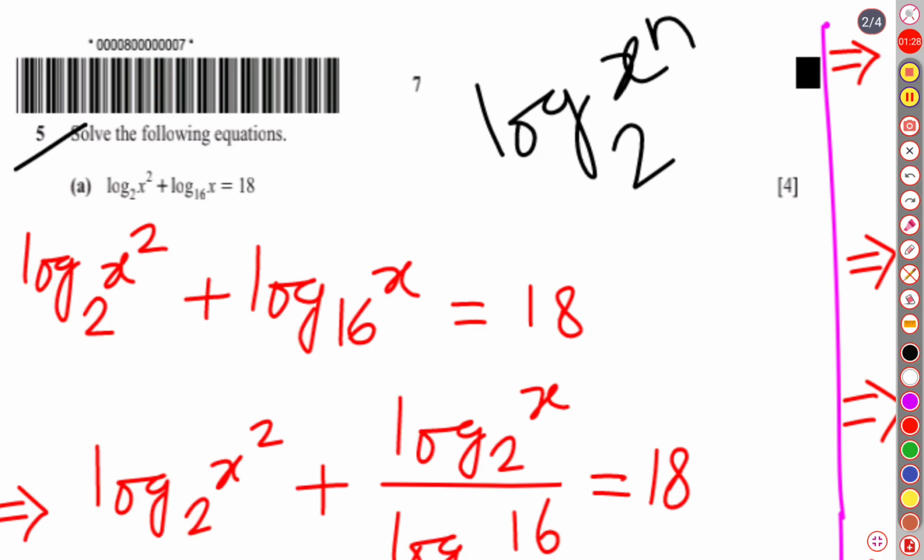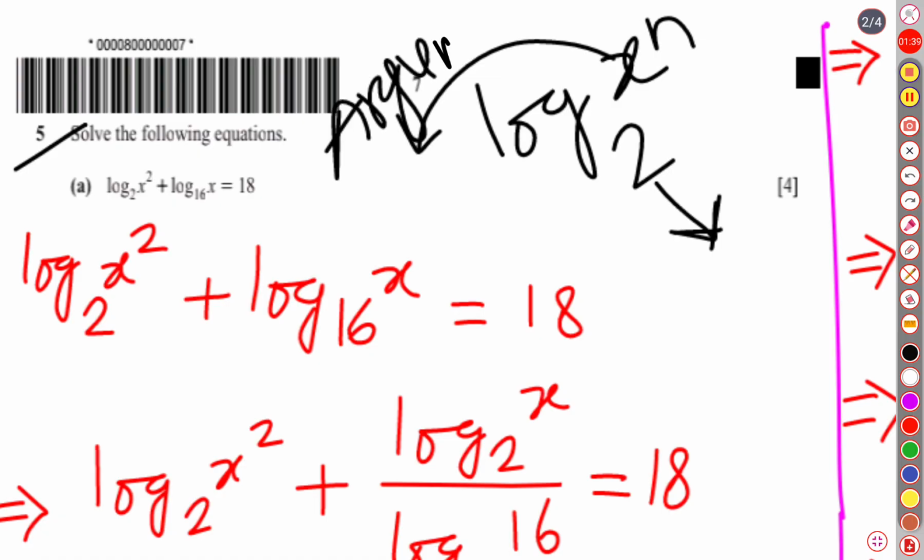So here 2 is called the base, x is called the argument, and this is called the exponent of the argument. You can read it as log base 2 of x raised to n.